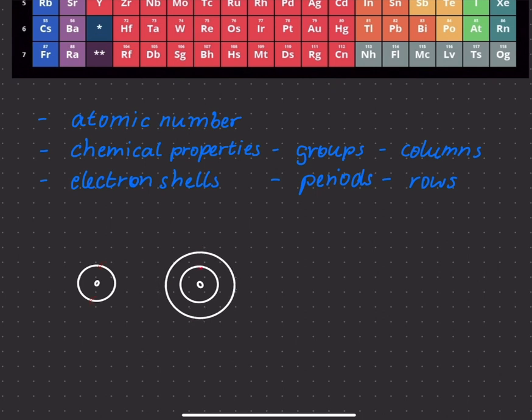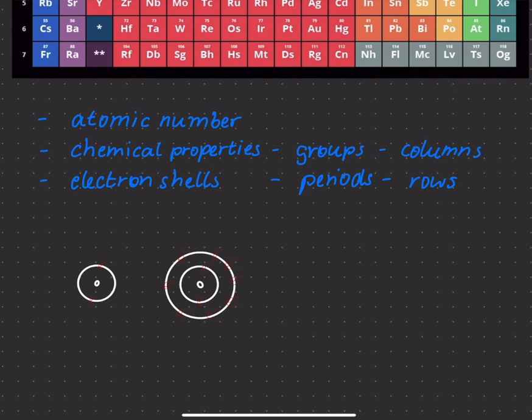So the first shell can hold 2 electrons, and the second shell can hold up to 8. 1, 2, 3, 4, 5, 6, 7, 8 electrons.